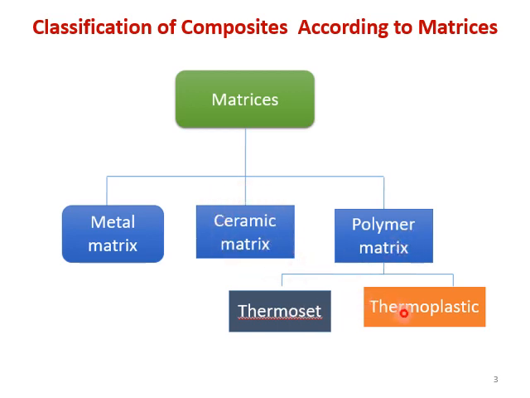Similarly, in polymer matrix, we'll be going into slight details of what is thermoset, what is thermoplastic, what are their advantages and disadvantages, how thermoset matrix is cured to produce a composite, how thermoplastic matrix is cured to produce a composite, right? So these things we'll be discussing, and finally we'll be discussing what should be the requirements of a matrix in a composite for high performance composite and for polymer matrix composite. Okay, right.